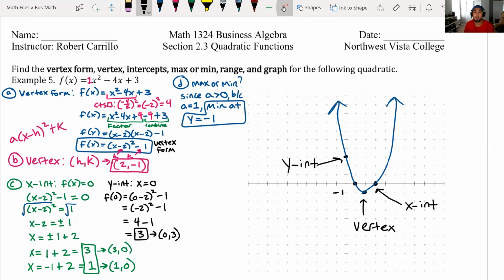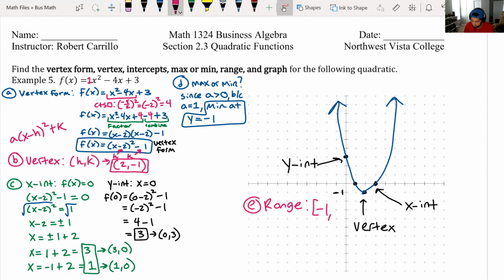Okay, and then E says the range, so just put E here, the range. Our range goes from, well, since our parabola opens up, our range will have to start at the smallest y value. And the smallest y value is -1. And those tails are headed towards infinity.